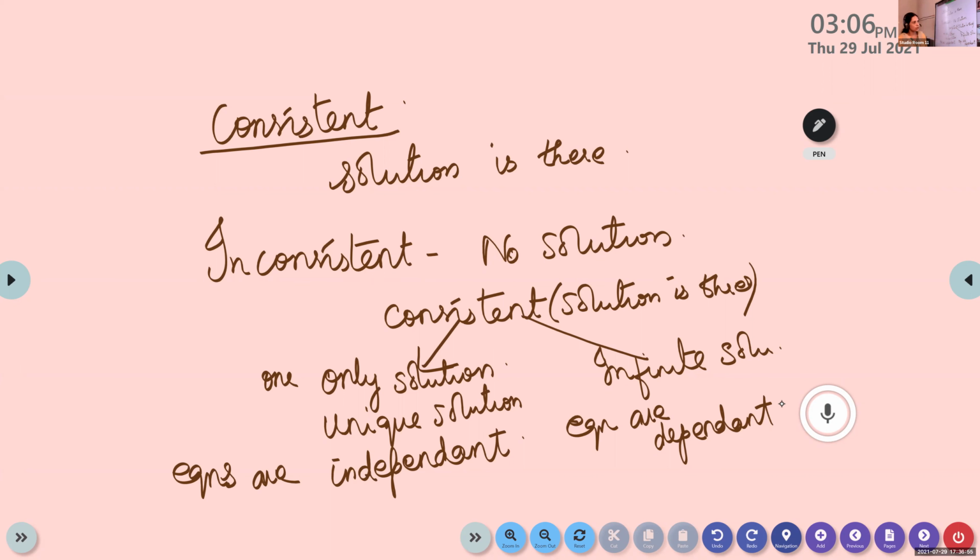And if there is no solution, then we call this inconsistent. Up to this, is it okay?